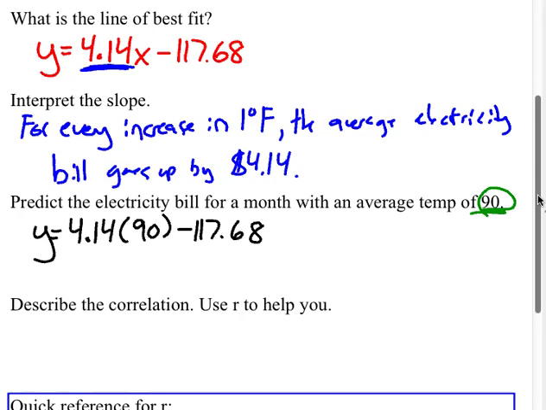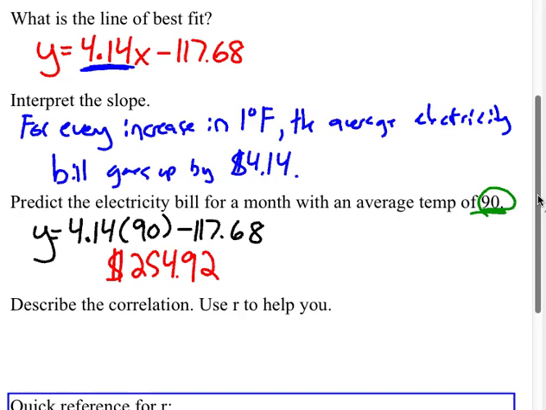So I'm going to take 4.14 times 90 minus 117.68, and my average bill is going to be $254.92. So I can also make predictions using this line, predictions beyond the values that I have.